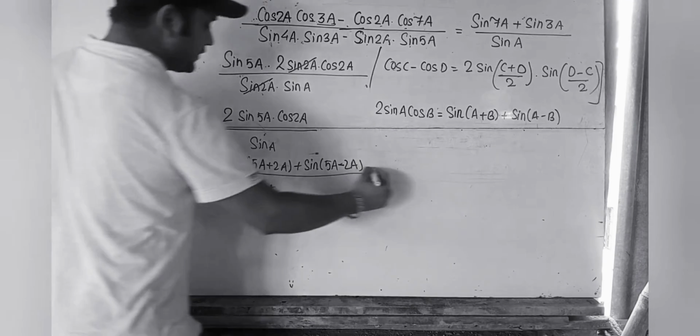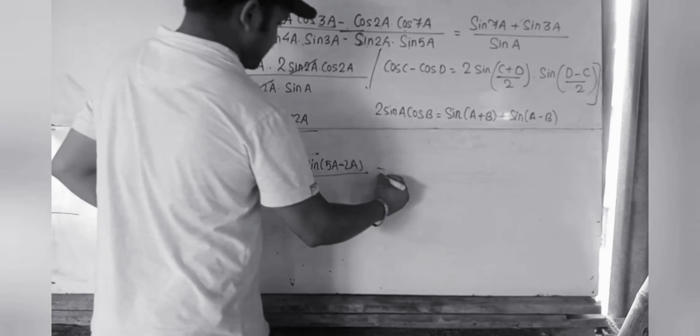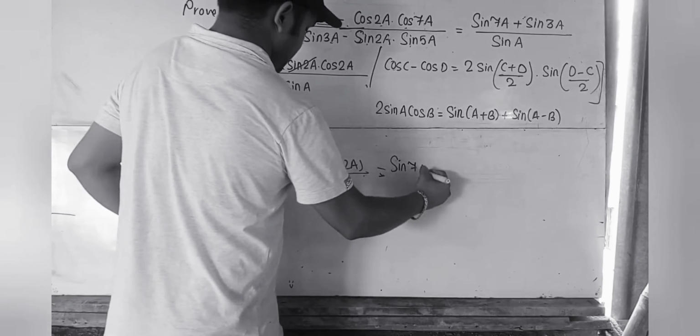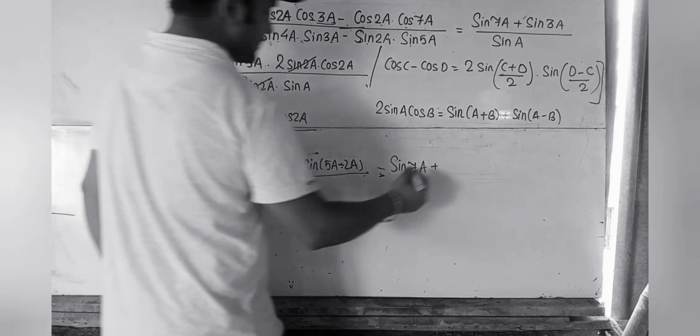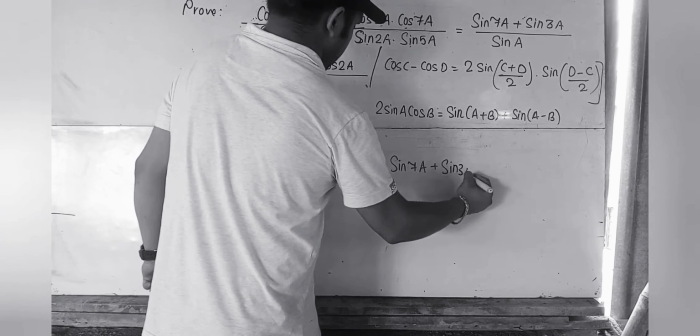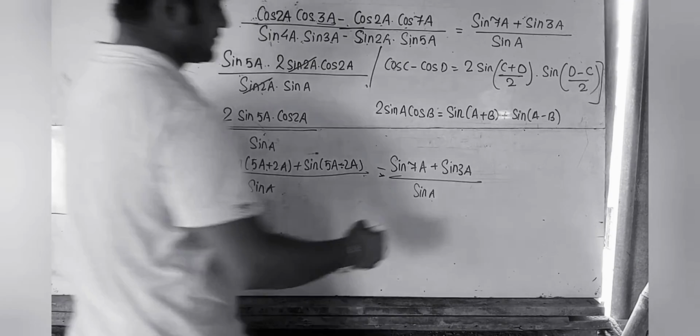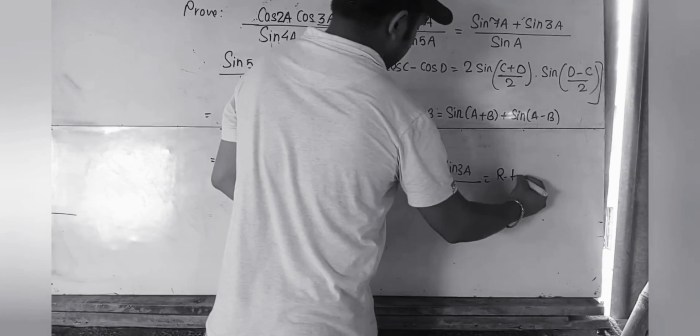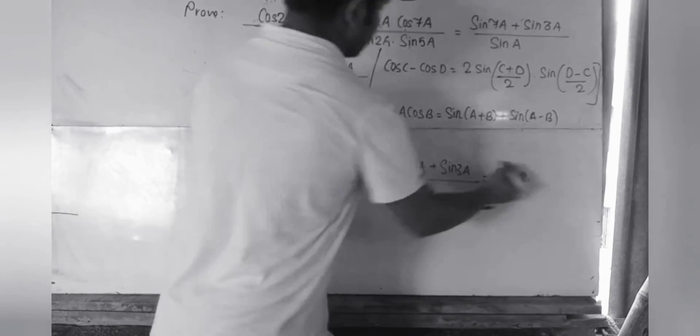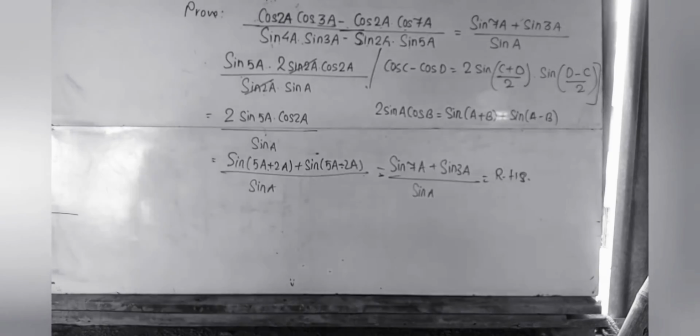Now when you solve, what do you get here? Sine 5a plus 2a, 7a, plus sine 5a minus 2a, 3a, by sine a. Which is our RHS. So we solve our problem in this manner.